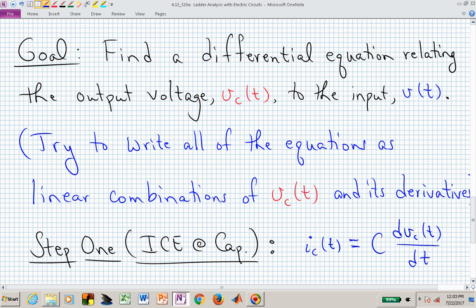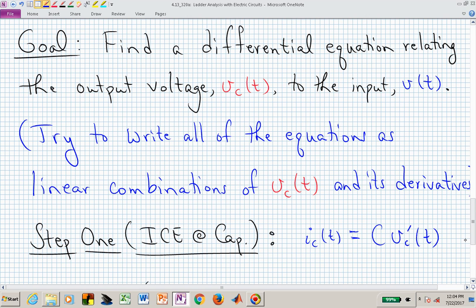And I may collapse that dV sub C of t to make it more compact and just say V sub C prime as the derivative of the output.